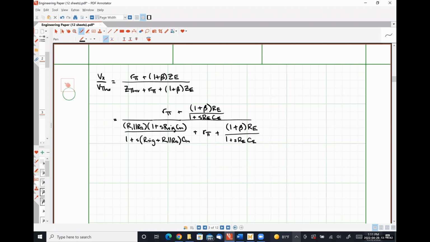So I'm going to multiply r pi by this times this over this times this, a very fancy variation of 1. I'm multiplying this term by this over this, and this term by this over this. And then I'm doing the exact same thing to r pi in this term in the denominator as I did to the numerator. So I'm just getting a common denominator for everything so that I can cancel it all out and be left with a single fraction.